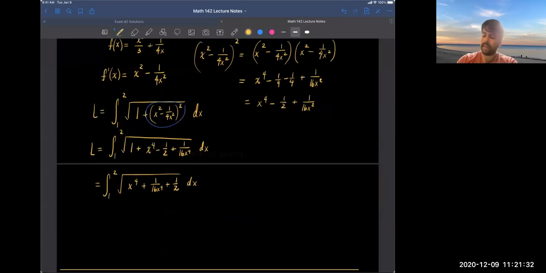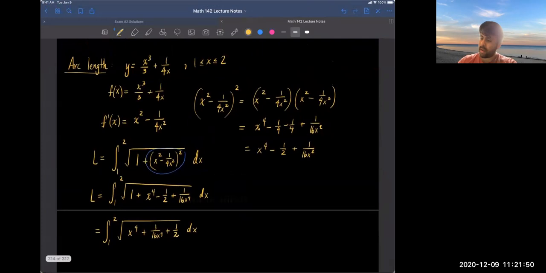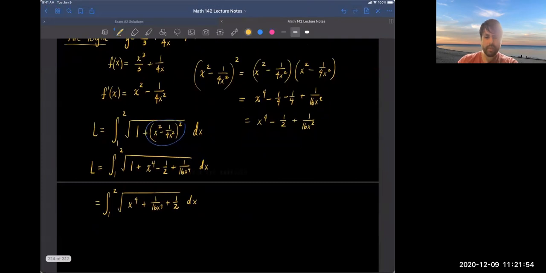But does this help me? Yes, you're right. Wait, what is negative x to the fourth over 4? This should be, pardon me, to the fourth power here, right?